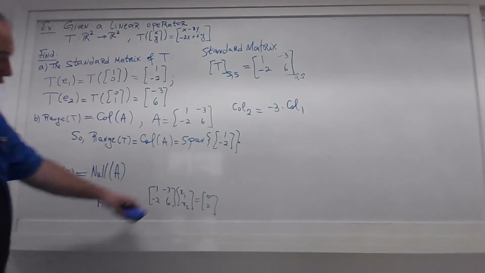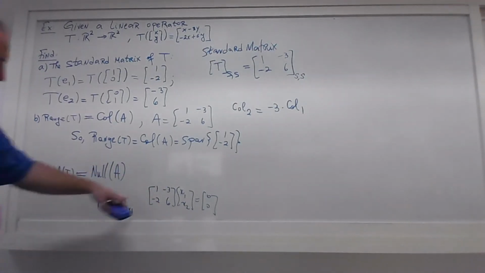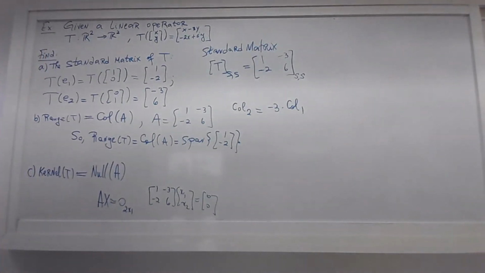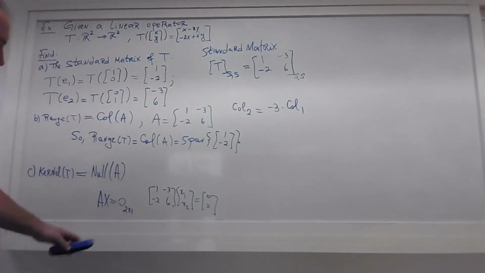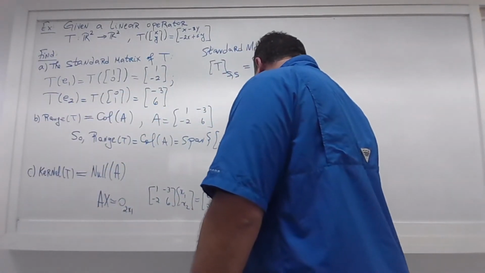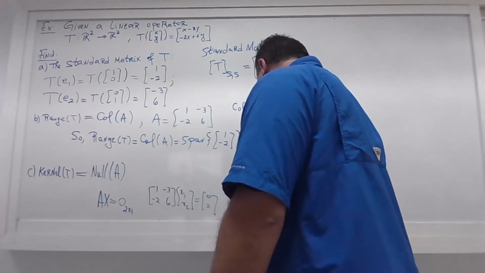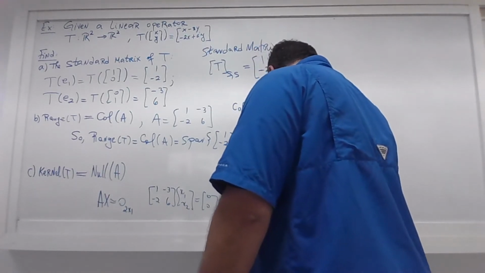So I already know that I have only one linearly independent row. Why? Because I have only one linearly independent column. And if you check, the second row is -2 times the first row. So all I need is one of the equations. So I have x1 minus 3x2 equals 0, which means x1 is 3x2.